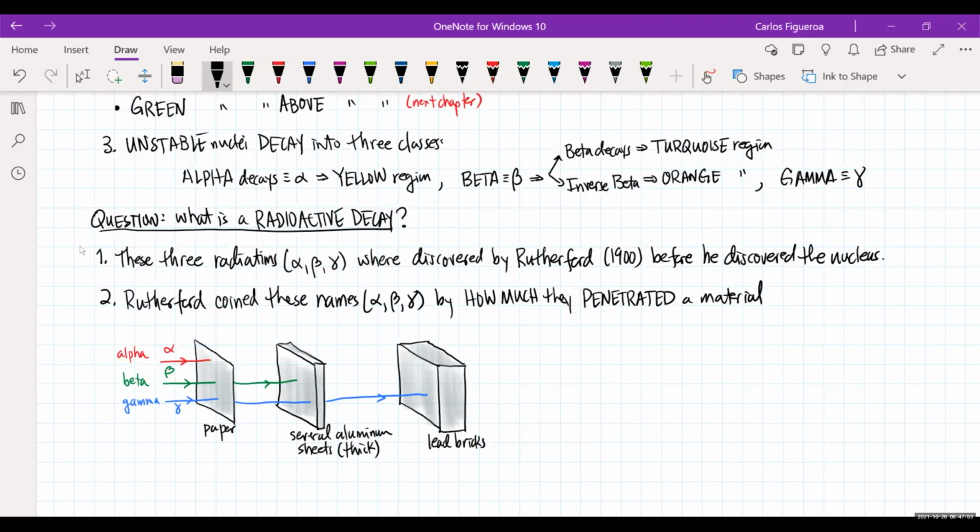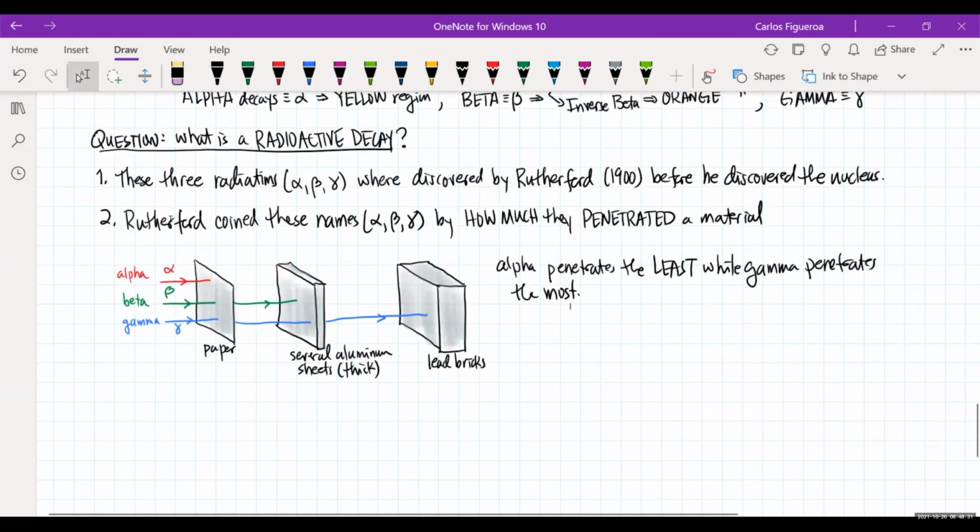So you could see here is that alpha penetrates the least, while gamma penetrates the most. So as you could probably guess, gamma radiation can be more dangerous and usually is more dangerous.